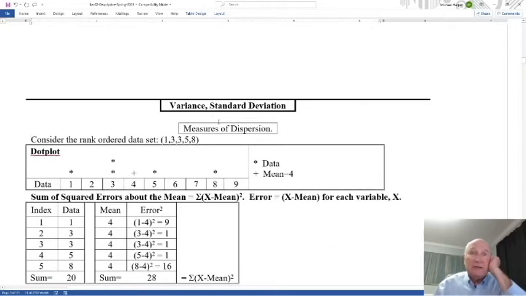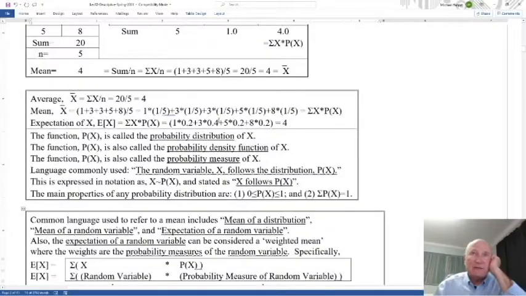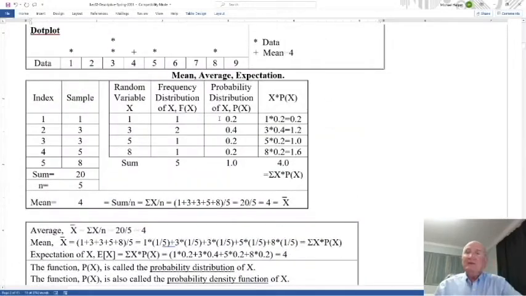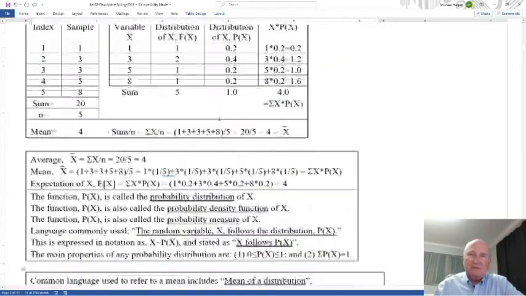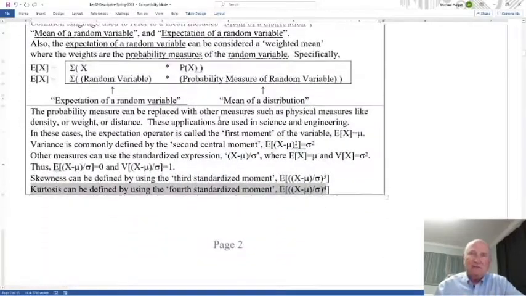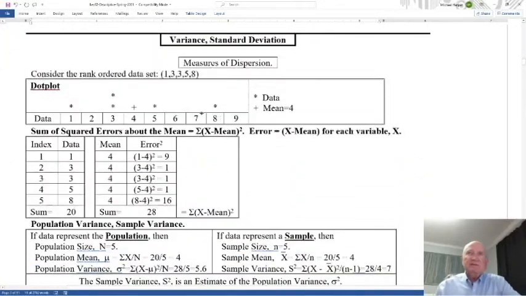Okay, well, that's the mean. The mean expectation, there's a lot there. The mean is a lot more than just taking an average. It has a lot of applications. Okay, the variance and standard deviation are measures of dispersion, how the distribution is dispersed. Again, I have a dot plot, and here's the mean.